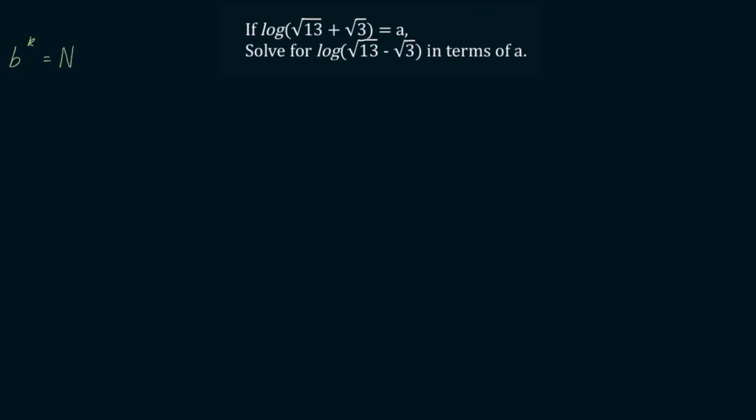If we want to write this same relationship in logarithmic terms, we would write log base b of n is equal to k. You can also think of logarithms as the reverse of exponential equations. While in exponential equations we are solving for the argument, in logarithmic equations we are solving for the exponent.